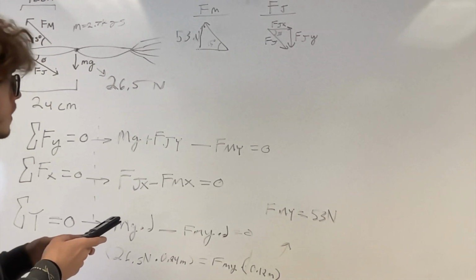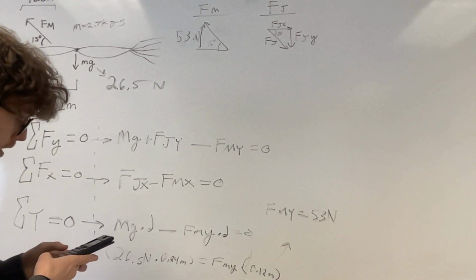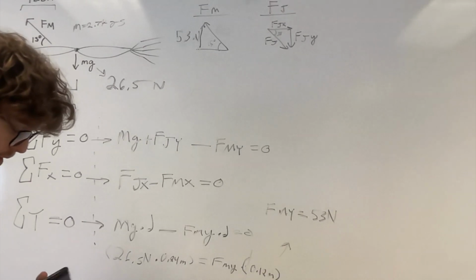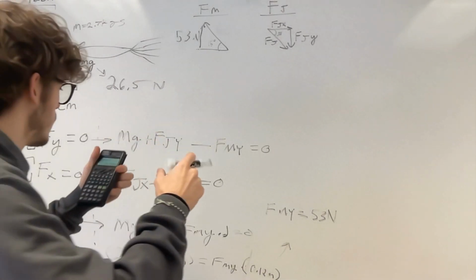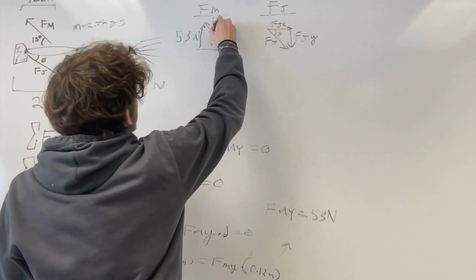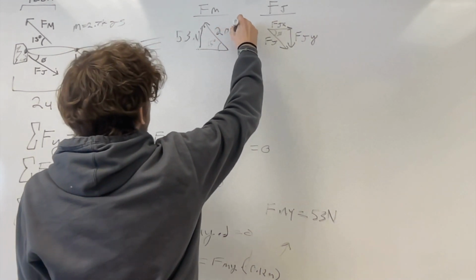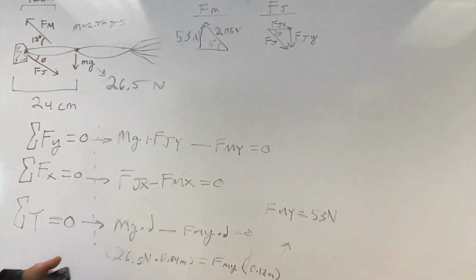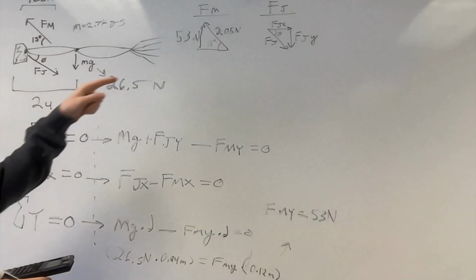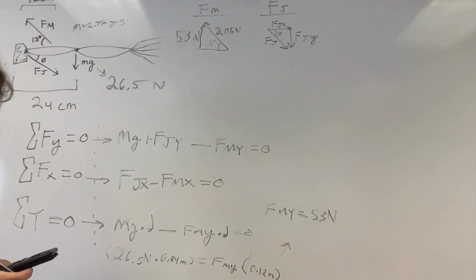So that would be 53 divided by sine of 15, and that comes out to be 204 newtons. Or sorry, we'll round it to 3 sig figs just for fun, even though there's not 3 sig figs in this problem. We can also solve for the bottom there.